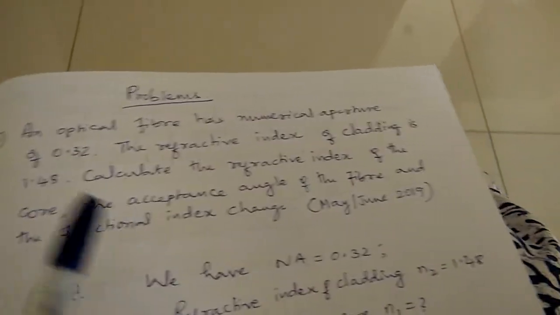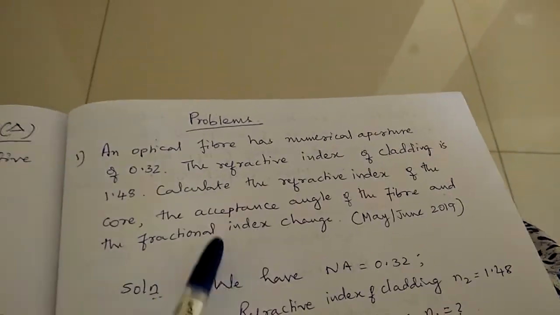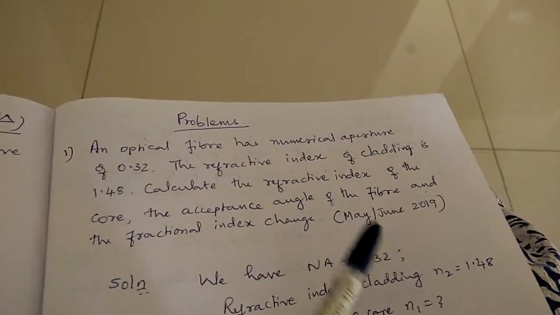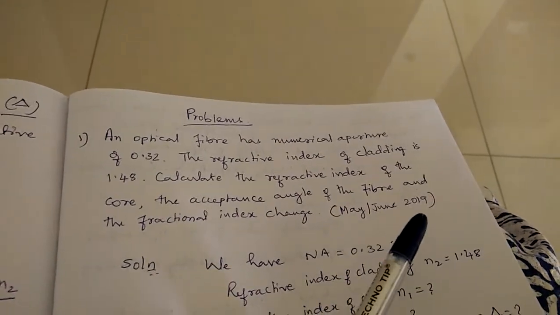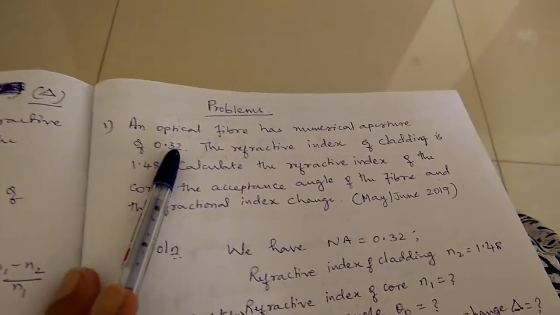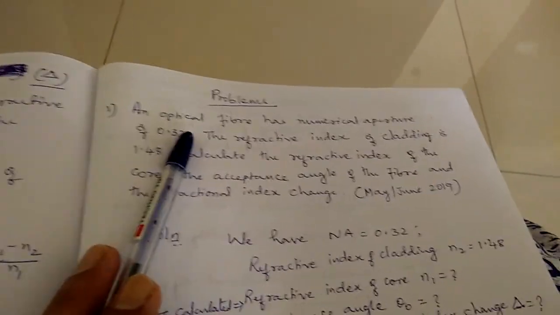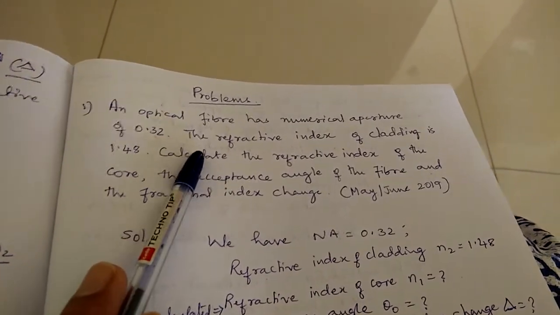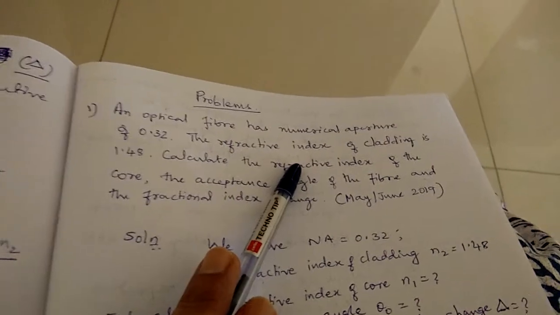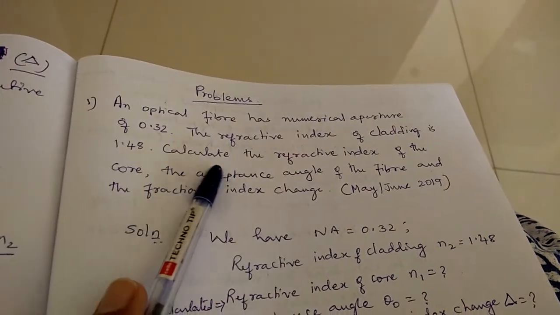Now let us consider the problems on numerical aperture and fractional refractive index change from 2019. You see here what is asked. An optical fiber has numerical aperture 0.32, it is given, and the refractive index of cladding is given.